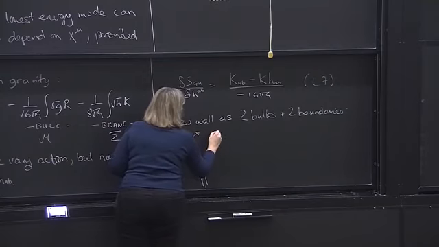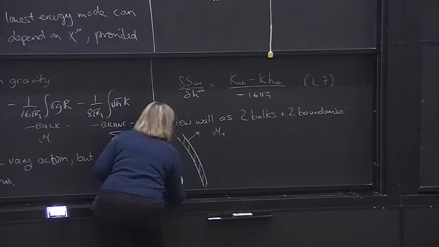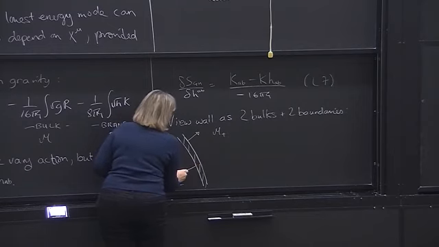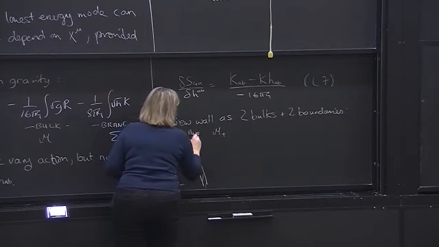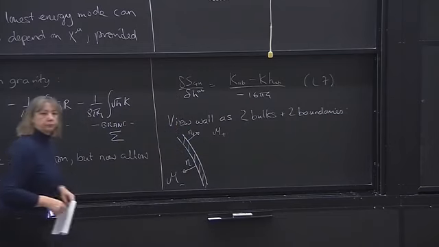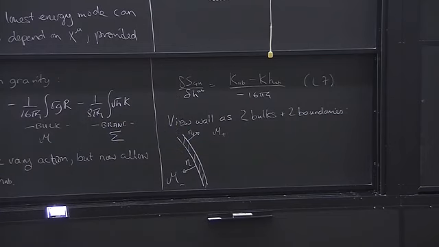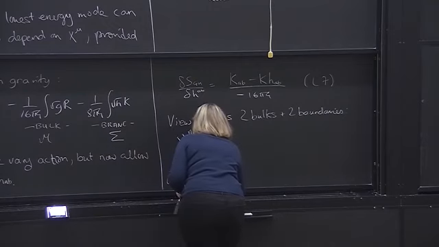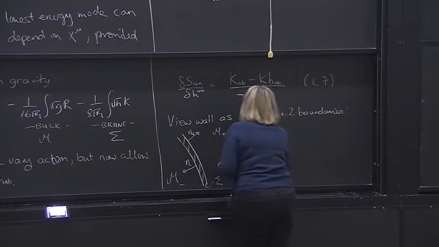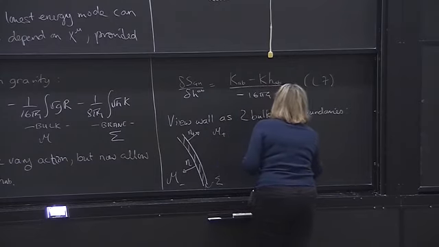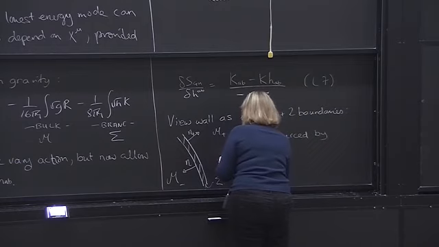So here's M plus, my bulk, and M minus on each side, and these would be the two normals, n plus and n minus. Then I let the wall thickness go to zero, and that's what I'm left with. So this is what I should expect to get. Sigma here is my brane world, and sigma is going to be sourced by energy momentum.